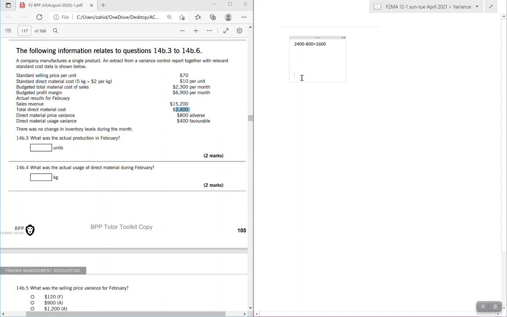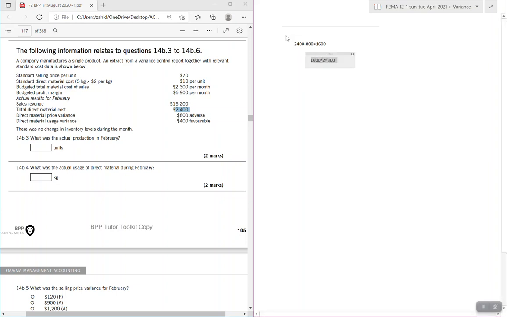So if our 1600 is the standard price, dividing by 2, that means we have 800 kgs. This is the price for 800 kgs, standard price.